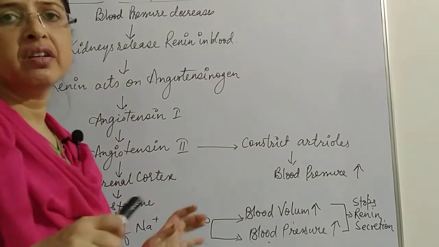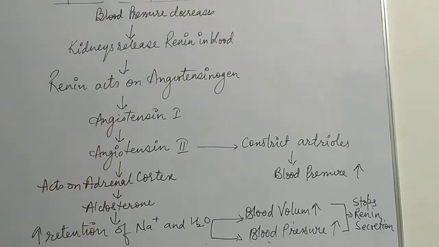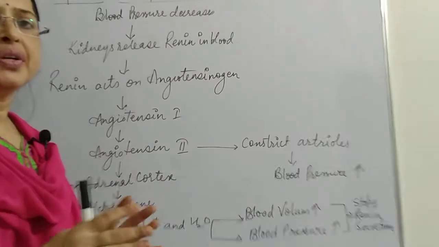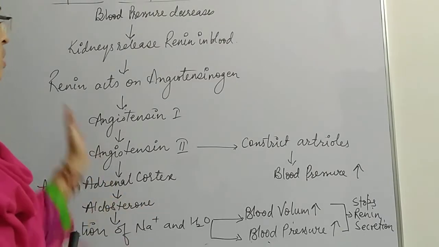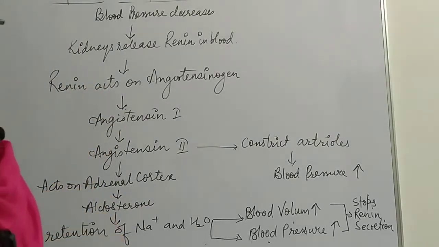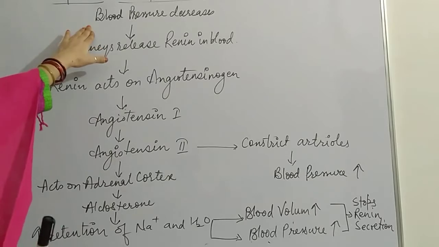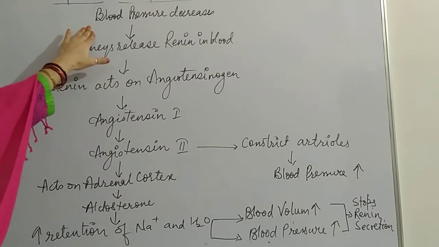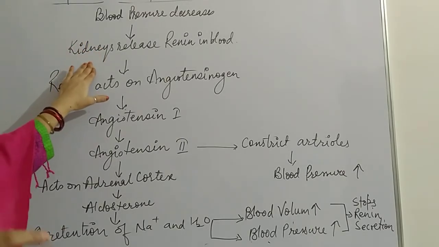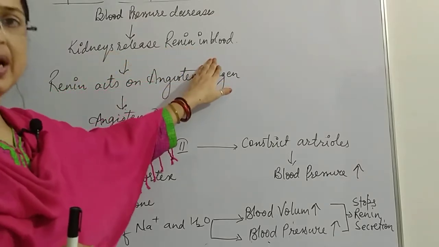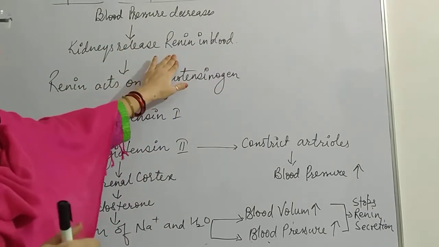Now just look over here, the flow chart of the answer. Hormonal control of renal function or renal pressure system. In this flow chart, you will understand that blood pressure decreases. When the blood pressure decreases, the kidneys release renin in the blood.